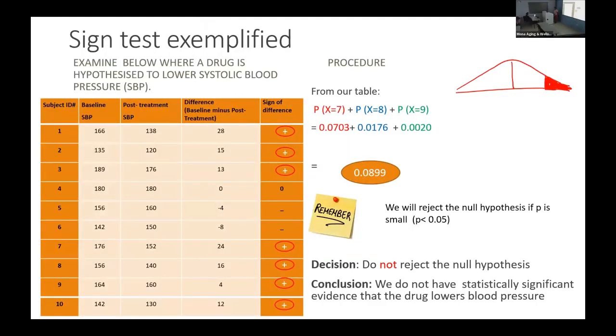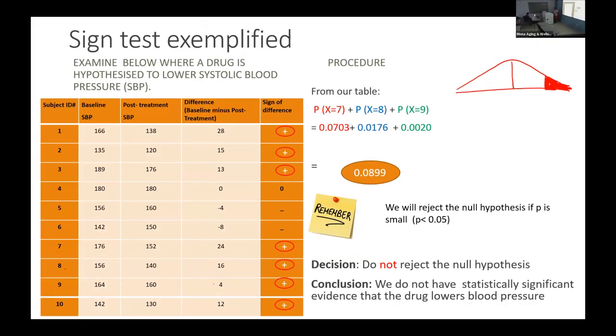So for example, if we look back on the table, let's take subjects 8 and 9. So subject 8, the difference in blood pressure reading for this person is 16. And for this one, it's 4.